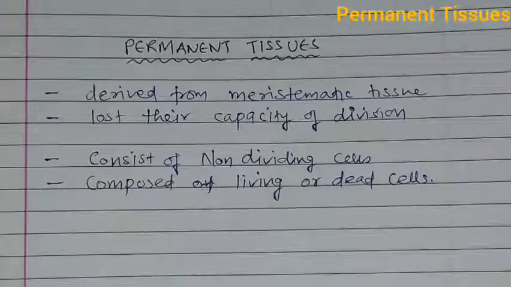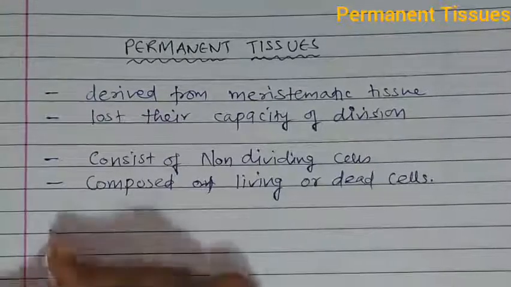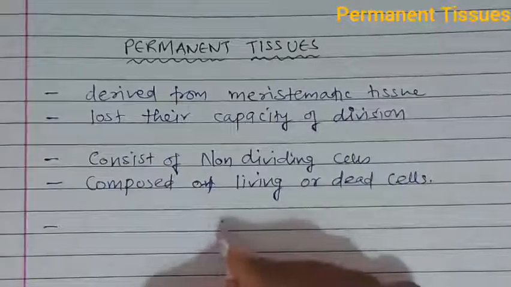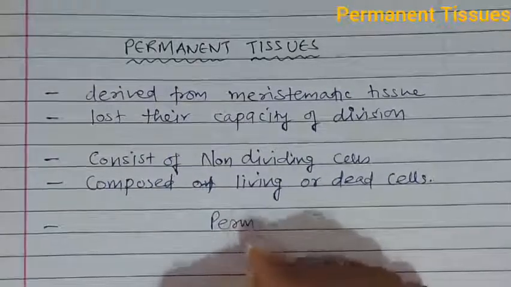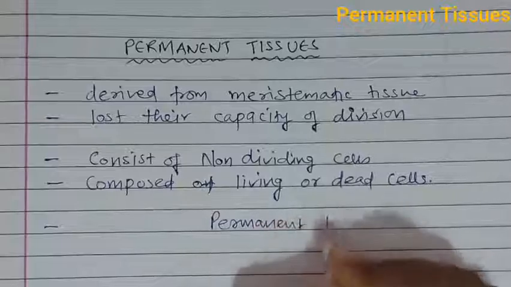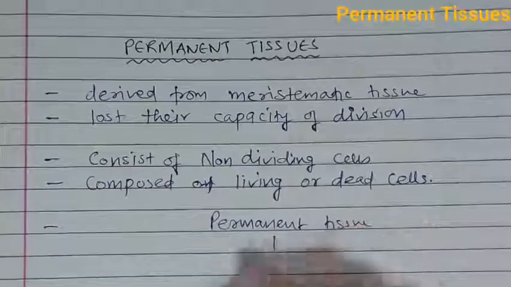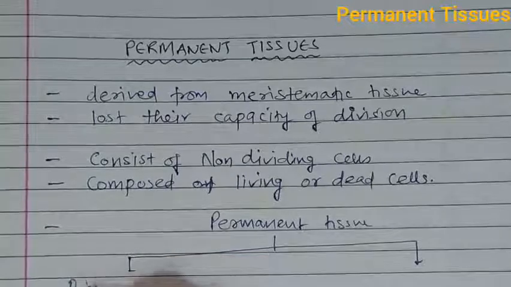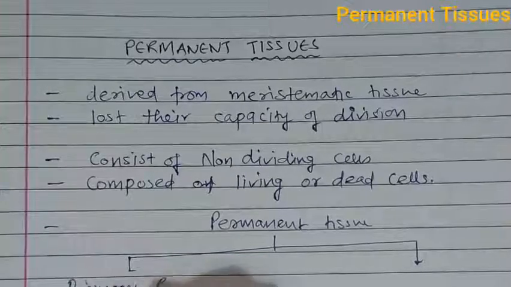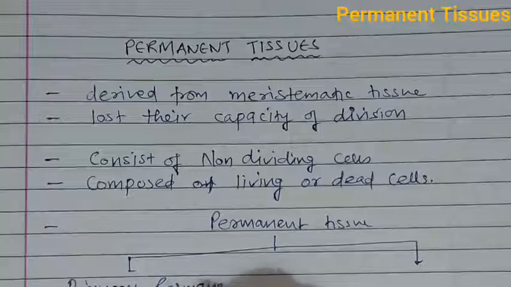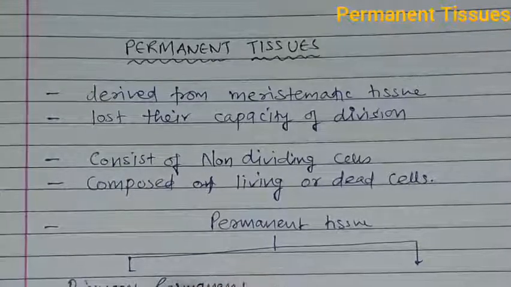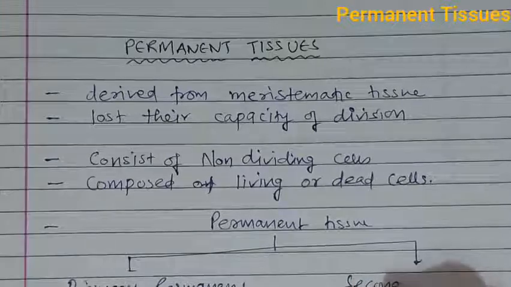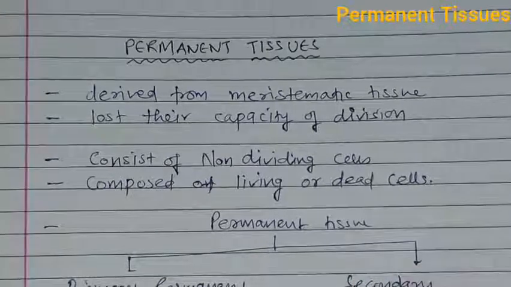This permanent tissue is of two types, that is primary permanent tissue and secondary permanent tissue.